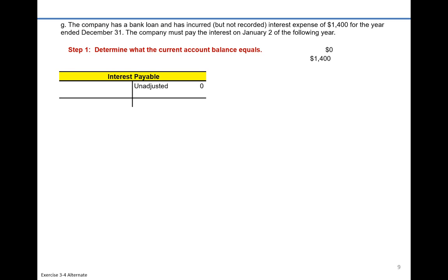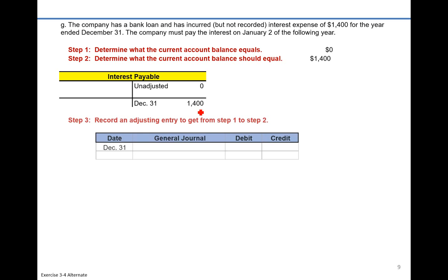Well, we know that's 0 right off the bat. There's 0 interest payable. Determine what the current account balance should equal. Well, it should equal $1,400. How do you go from a 0 interest payable credit to a $1,400 interest payable credit? Well, we must credit interest payable for $1,400. So our adjustment is to credit interest payable for $1,400.